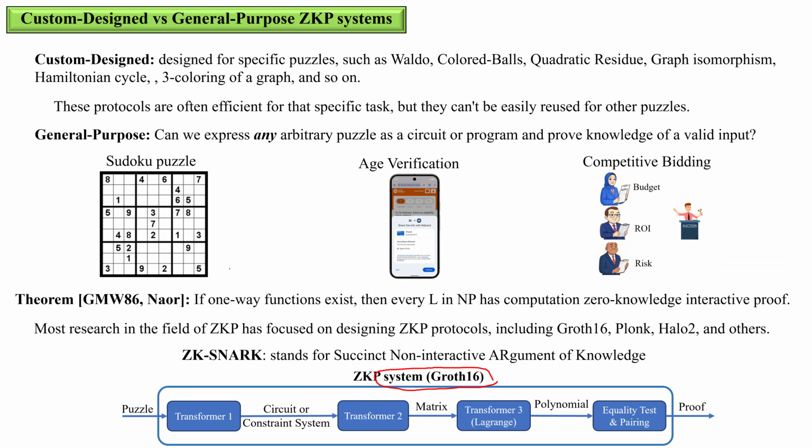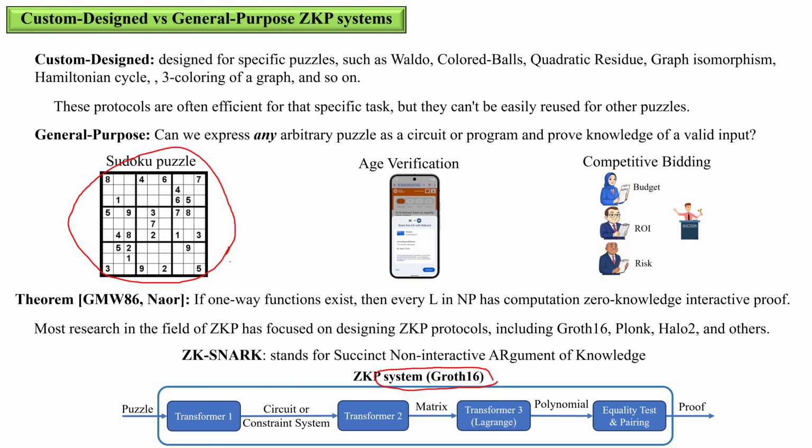So if the puzzle is different, like this one, for instance, in this scenario, a prover claims that I know the correct answer for a Sudoku puzzle. So you just need to update the constraint part of the Python code and then the matrix also, and then done.